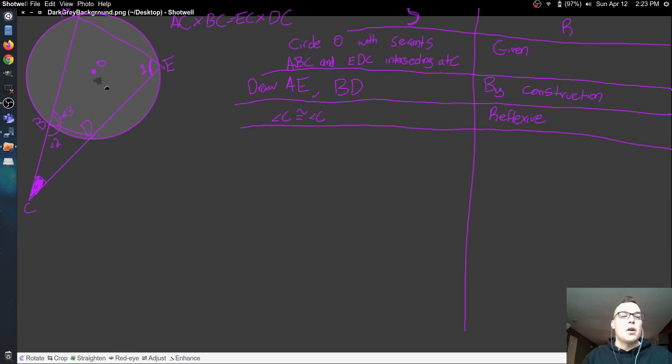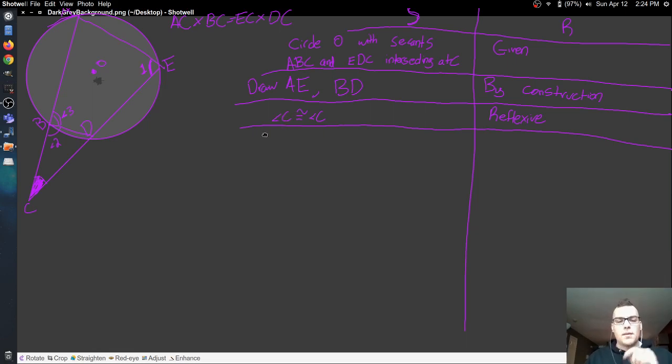Now here's where that lemma comes in. If you look, angles 1 and 3 are not equal, right? This one's acute, that one's obtuse. They are definitely not congruent angles, but they are both inscribed angles. And if I look at what angle 1 traces out, angle 1 subtends arc AD, or ABD, I should say, whereas angle 3 subtends arc AED. So they are subtending opposite arcs in this case.